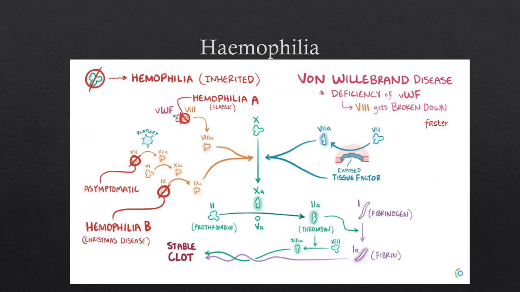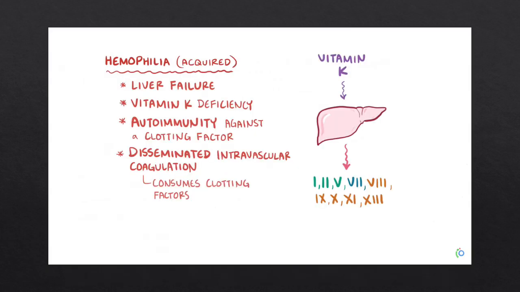So hemophilia A, which is classic, is the deficiency of factor 8, and hemophilia B is Christmas disease, which is the deficiency of factor 9. Acquired hemophilia can also be due to other causes, such as liver failure, because clotting factors are formed in the liver.